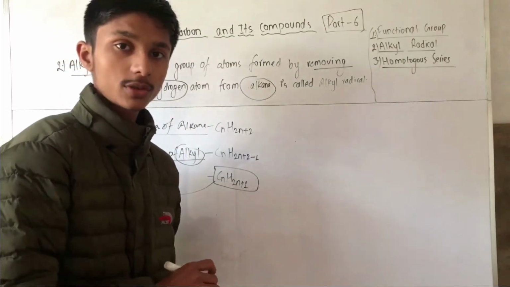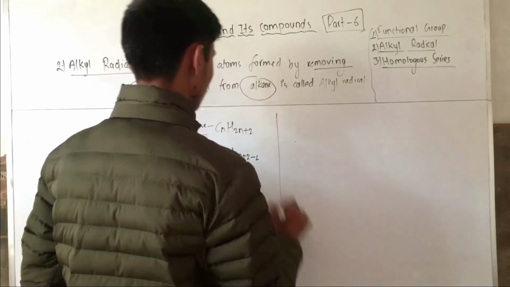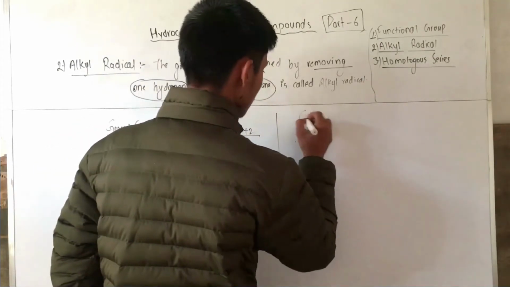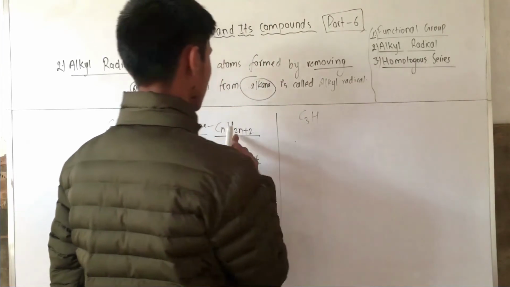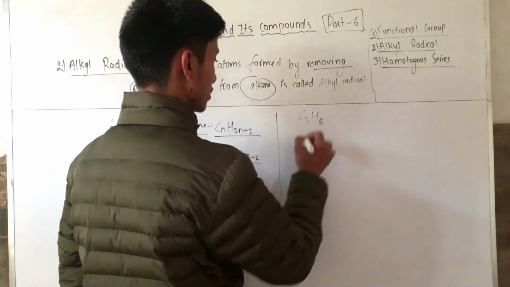Okay, till here. So now we take an example. For example, we take C3, that is 3 into 2, 6, plus 2, C3H8. This is propane.